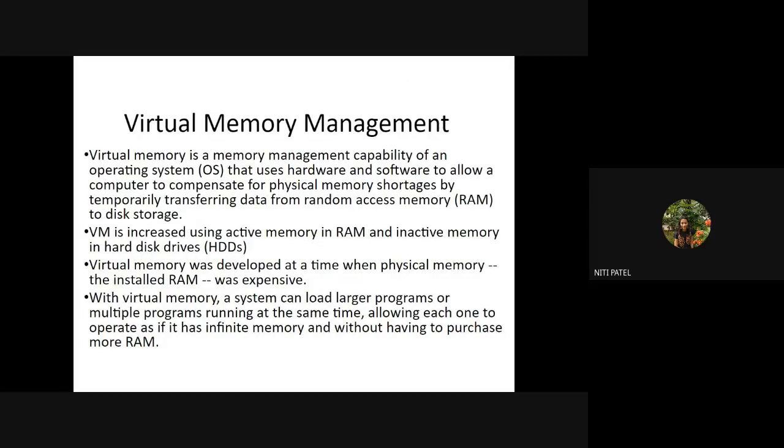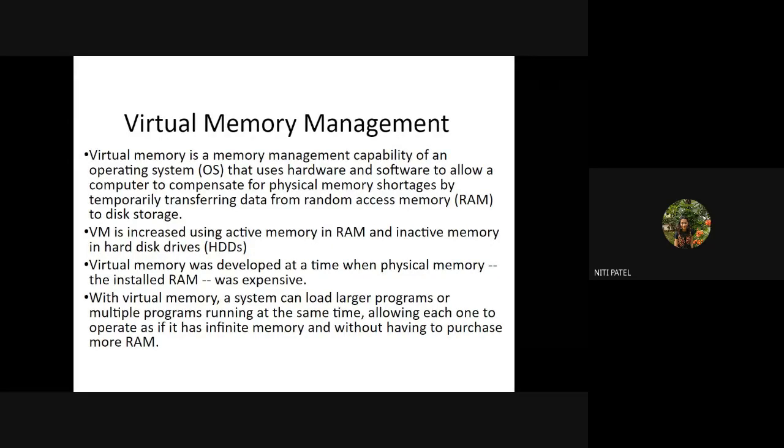It is created by making some changes in the primary memory and secondary memory. We all know that a computer system has two memories: primary, called RAM, and secondary, which is nothing but the hard disk. The size of the primary memory is less compared to the size of your secondary memory.